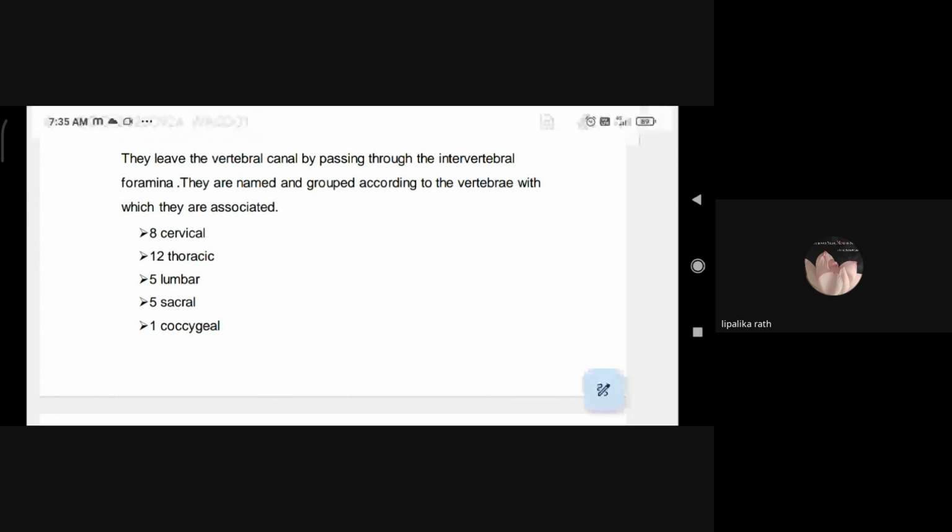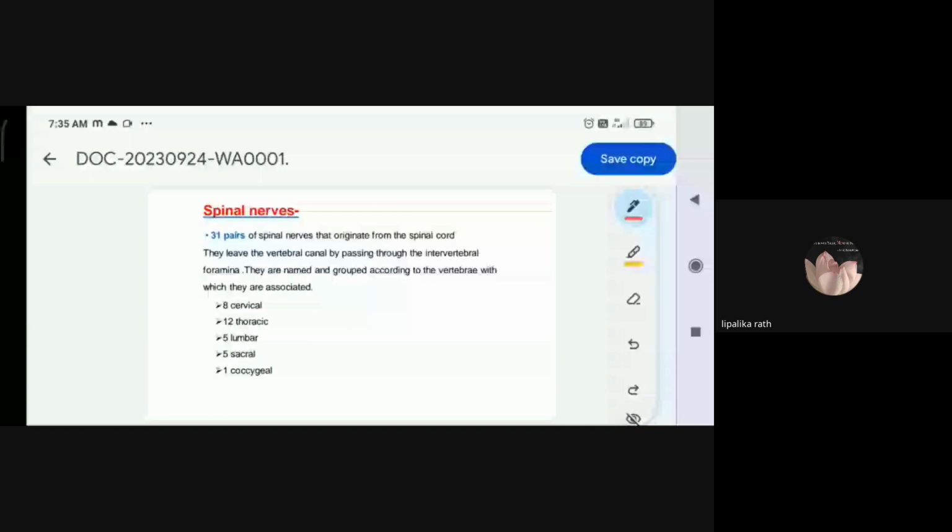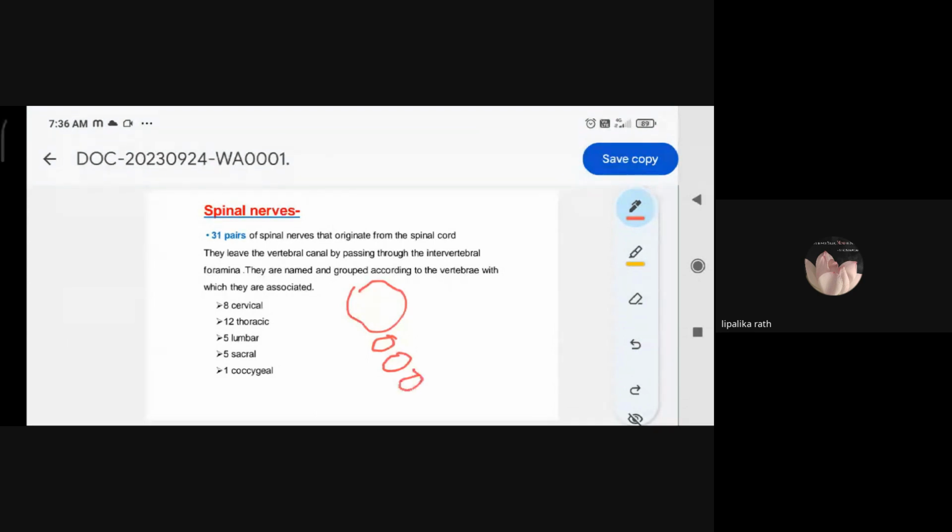Okay. So this is a skull, right? And this is the first vertebra. Let me draw a bit. This is the first vertebra. This is the second vertebra. This is the third vertebra. Fourth. We are having a smaller space. Here, let's assume this is a skull.